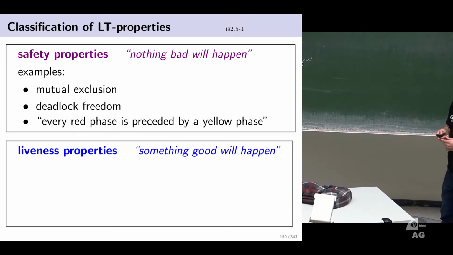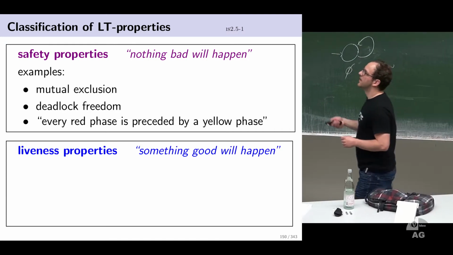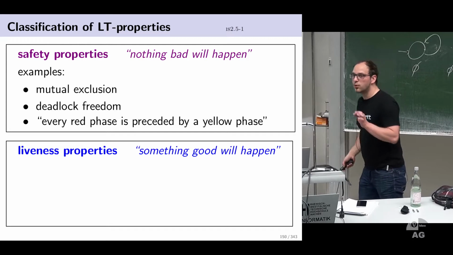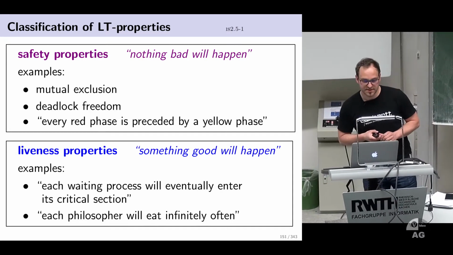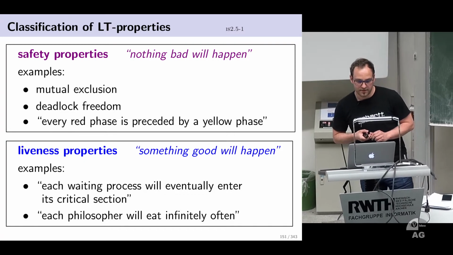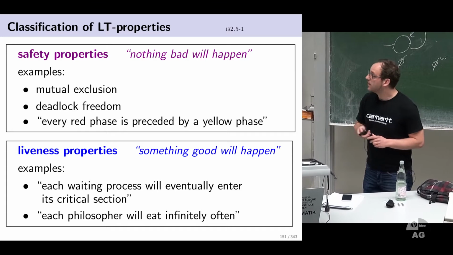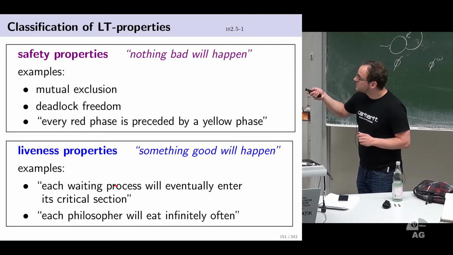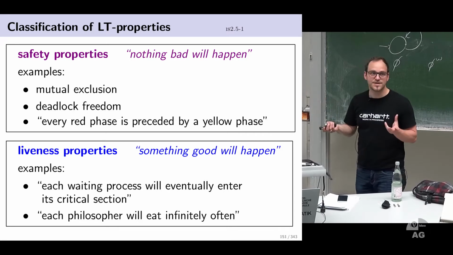Okay? And liveness properties are somehow dual to this. They say that something good will happen. An example for this is what we had earlier. This liveness property is saying that if a process waits for the critical section, it will also eventually enter it.